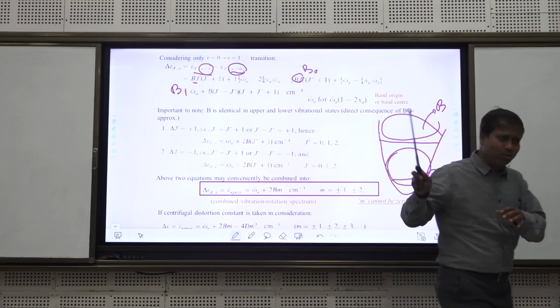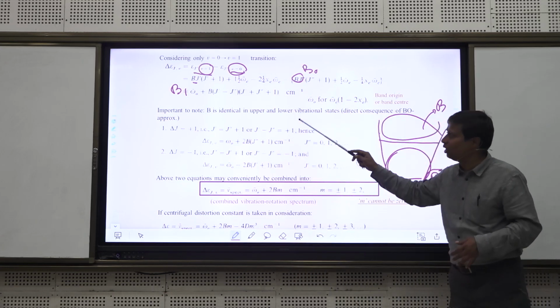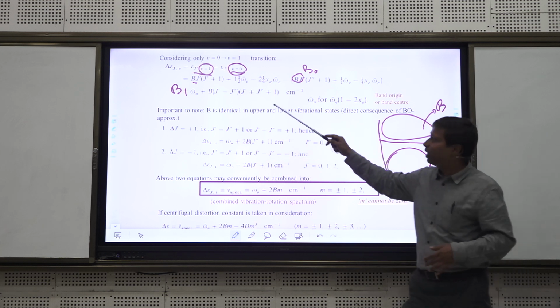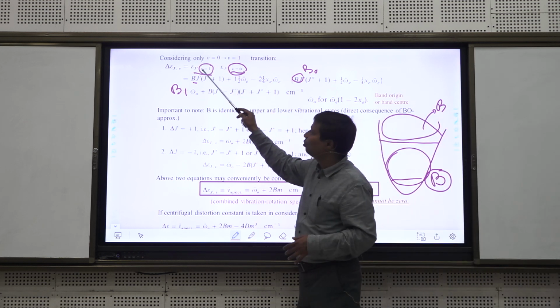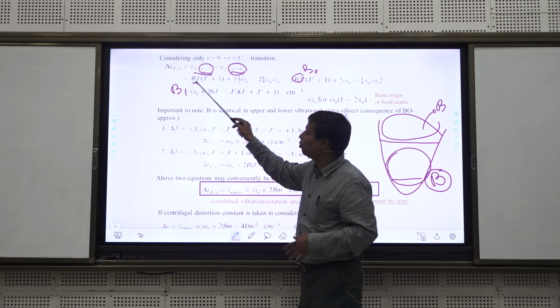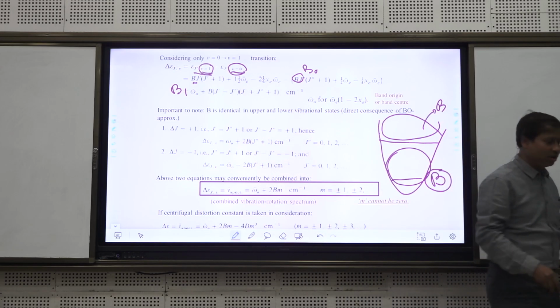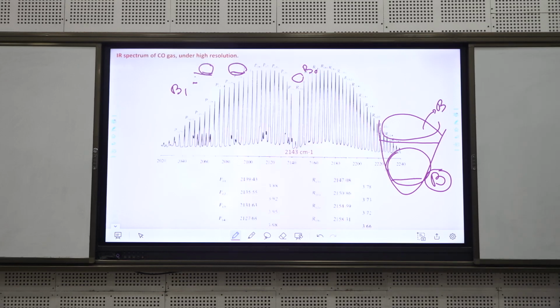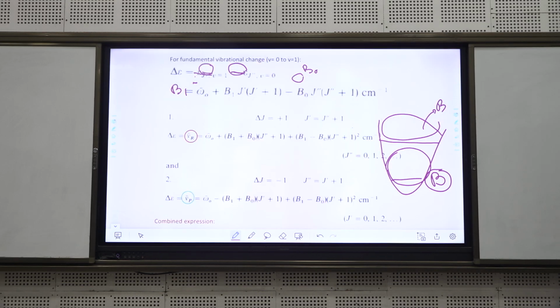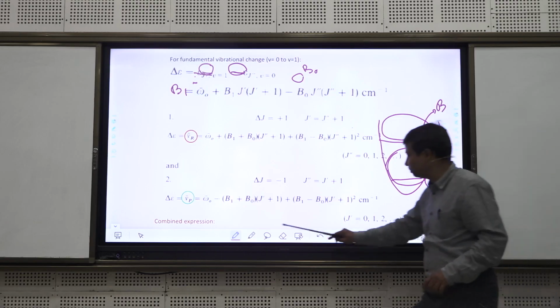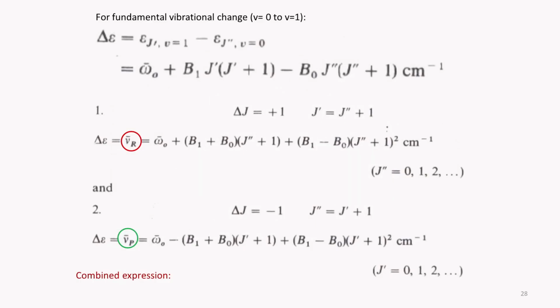So you do the same calculation, only when you are considering V equal to 1 you write B1, and when V equal to 0 you write B0. So it is B1 for V equal to 1 minus B0 for V equal to 0. That's all, nothing else.